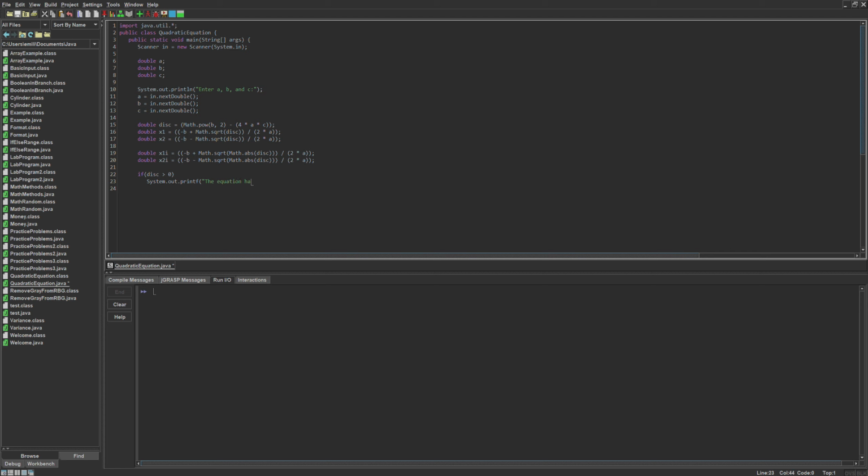The equation has two roots. Percent .2f is going to round to the second decimal place for the floating number. Backslash n is going to drop it down a line.